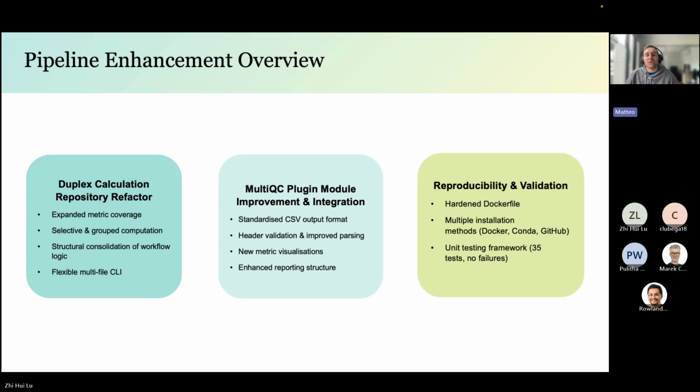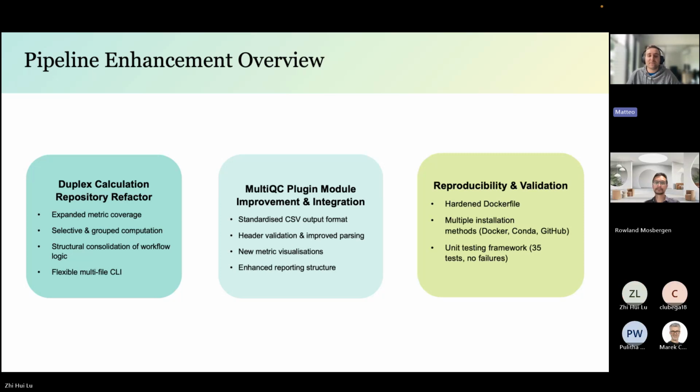And we also added a unit testing framework, fixed the Dockerfile, and allowed for installation methods other than renv, to grant reproducibility through Docker, or to allow for higher flexibility through Conda.